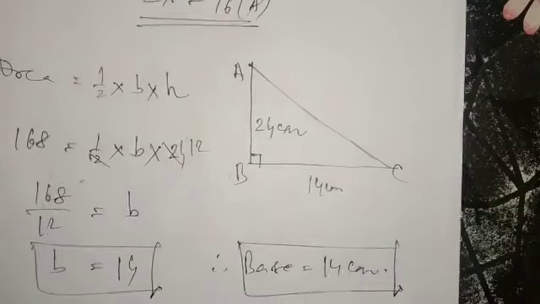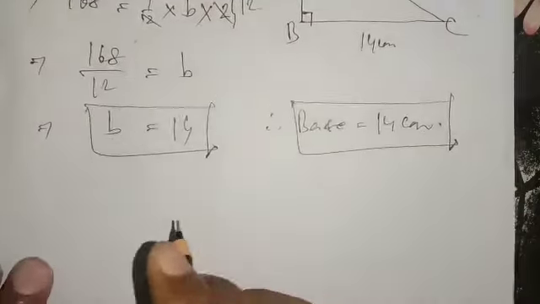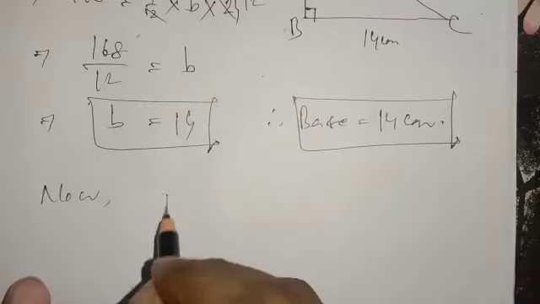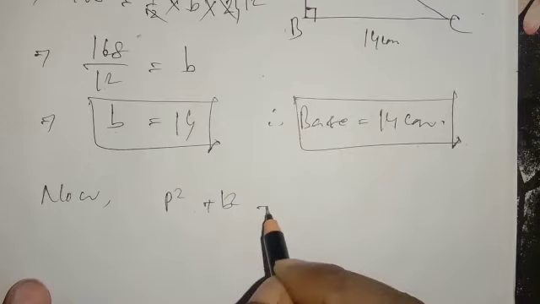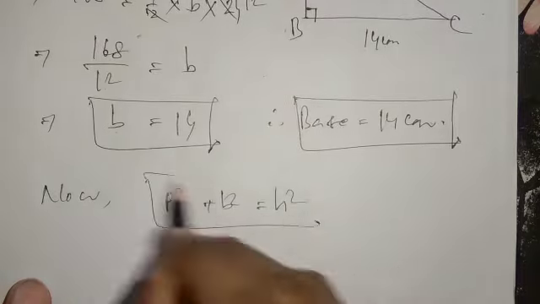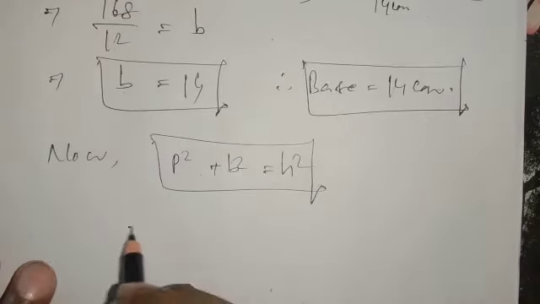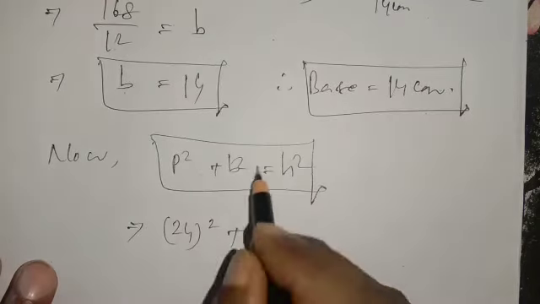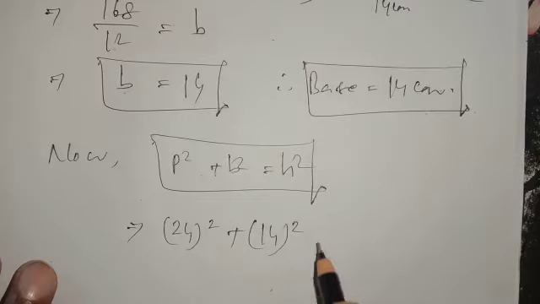How to find the hypotenuse of the right triangle? Hypotenuse is basically denoted by H. Now the formula is what? P square plus B square equal to H square, using Pythagoras theorem. Here P means perpendicular, that is 24 whole square, base that is 14 whole square, equal to H square.